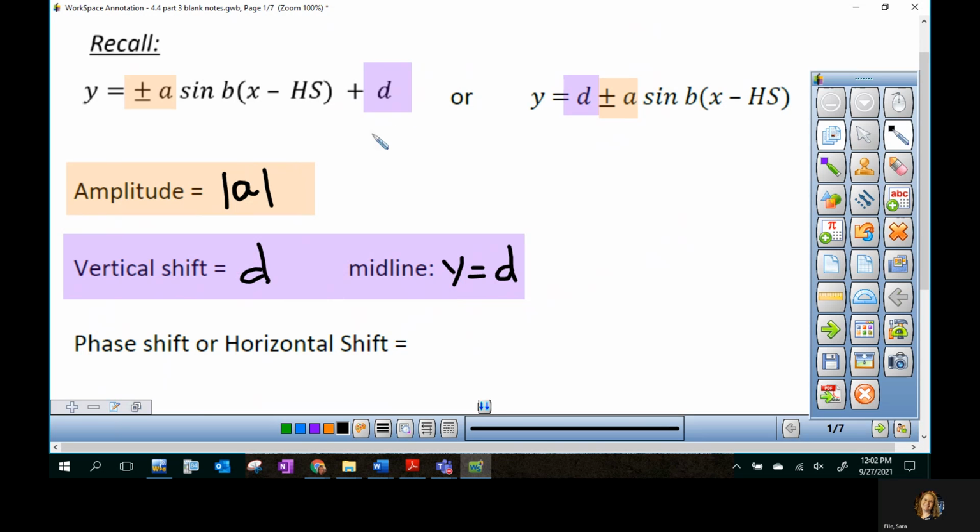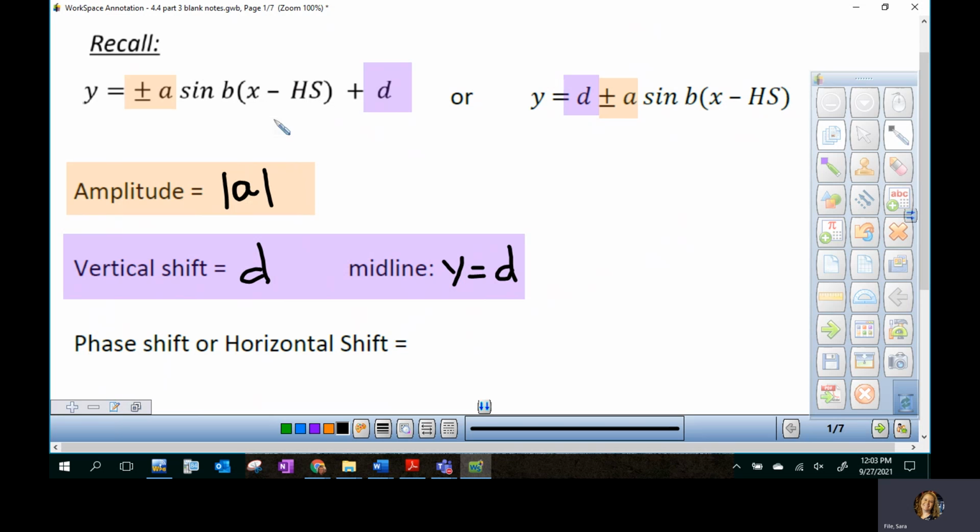Now I've got it written in 2 forms here. I've got it written with the plus d at the end of the equation. You can also have d at the beginning of the equation. Both are correct. I tend to use this second option because when there's not a horizontal shift and so there's no parentheses, and then you have like plus 3, some people tend to get mixed up and think the plus 3 is with the x inside, even though there's not parentheses.